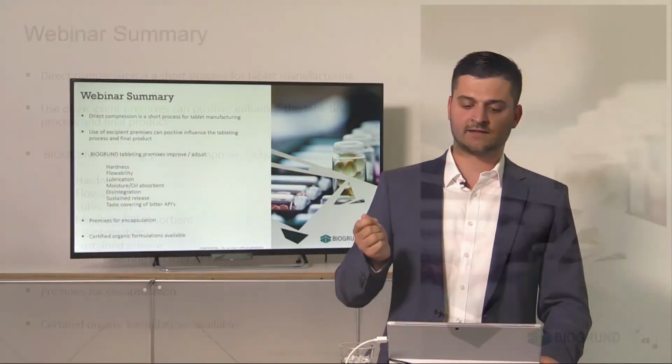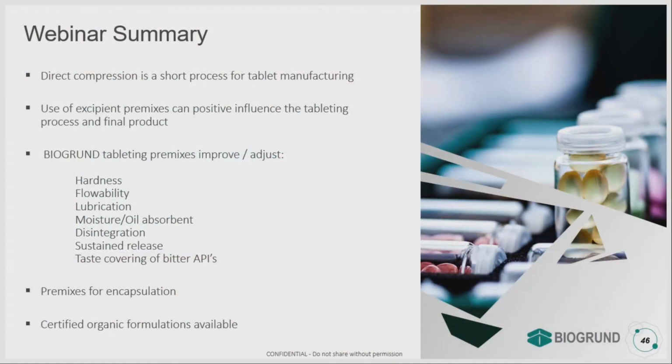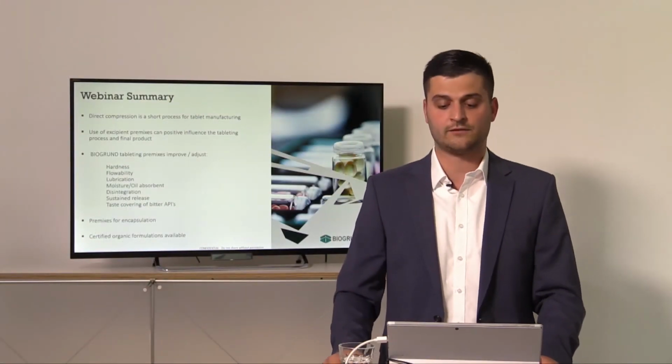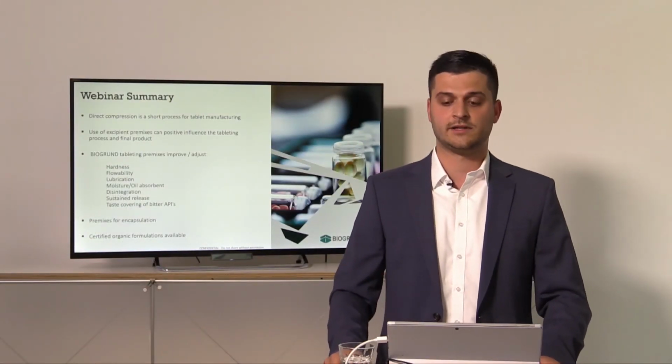They support the disintegration, and they are suitable for sustained release profiles. And of course, if we are talking about a bad tasting API, they can also cover the bitterness of the API. Premixes for encapsulation are also available on request. And as a little add-on, also organic certified formulations are available in the near future.